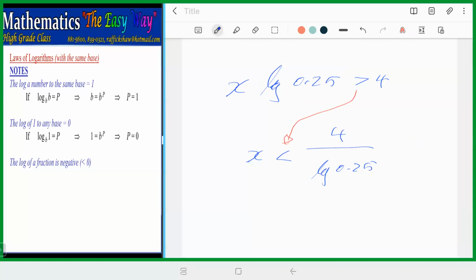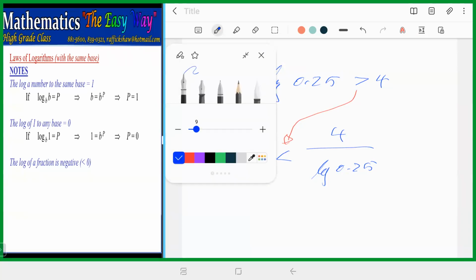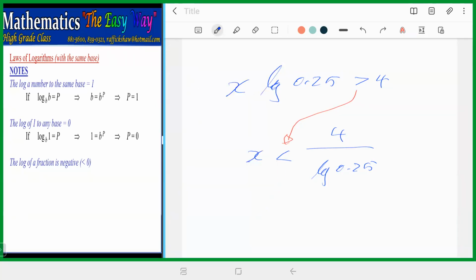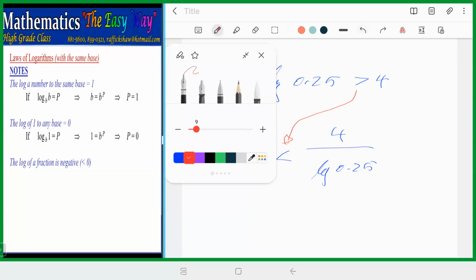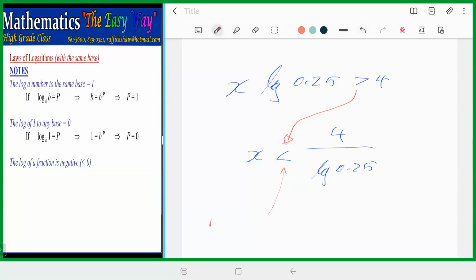Why? Because the log of 0.25 is negative. You have to reverse the sign. To do this, you put it in red. To do this, reverse, because the log of 0.25 is negative.